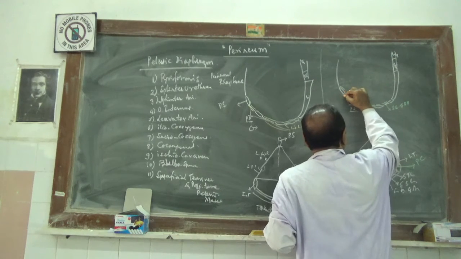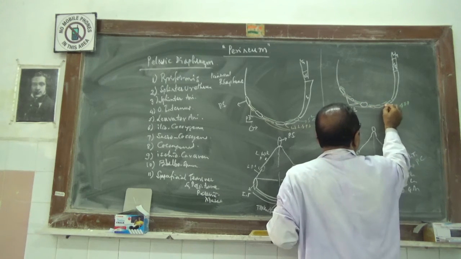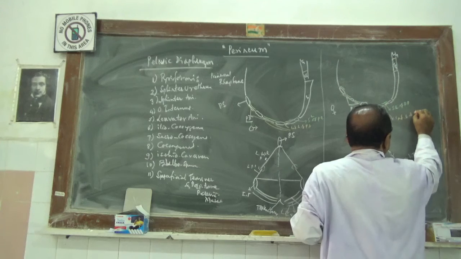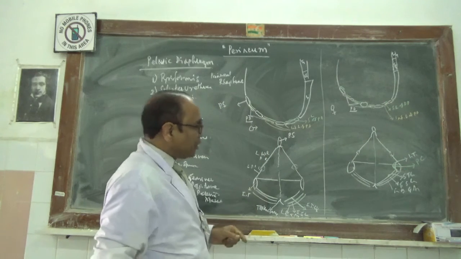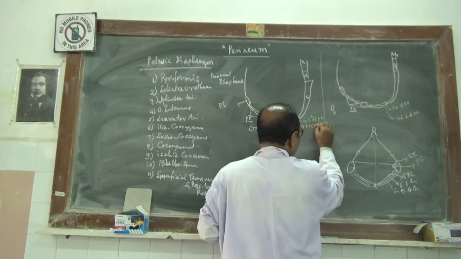So this is the inferior layer of pelvic diaphragm, which is also called the perineal membrane.